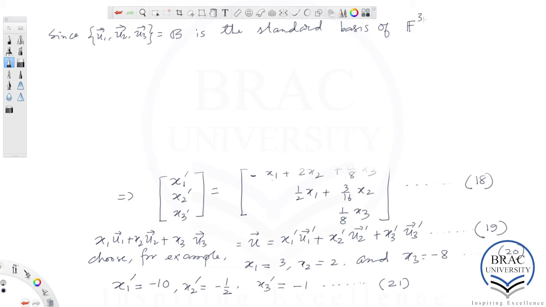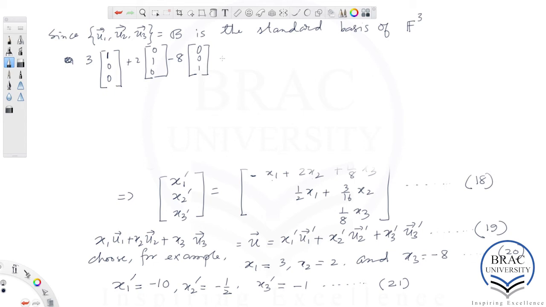Okay, since this is the standard basis, plugging in the values of x1, x2, x3, and x1 prime, x2 prime, and x3 prime in 19, we get, you see that 19 reads x1 u1 plus x2 u2 plus x3 u3, so it is 3 times 1 0 0 plus 2 times 0 1 0, and then minus 8 times 0 0 1.